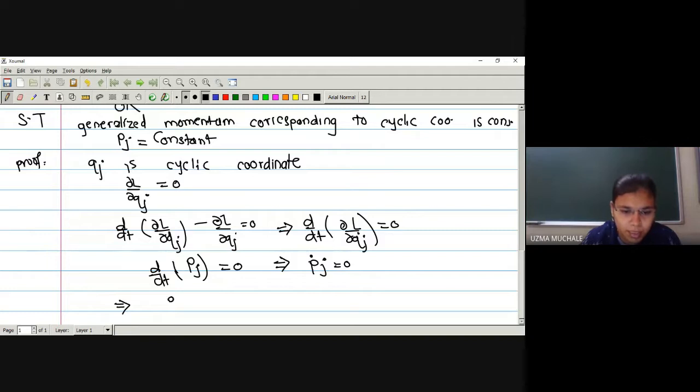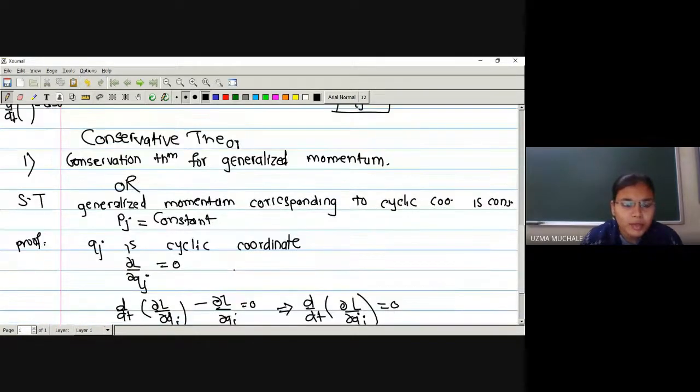After integrating, we get Pj is equal to some constant number, and that is what our aim was to prove, that corresponding to a cyclic coordinate, the generalized momentum is constant.